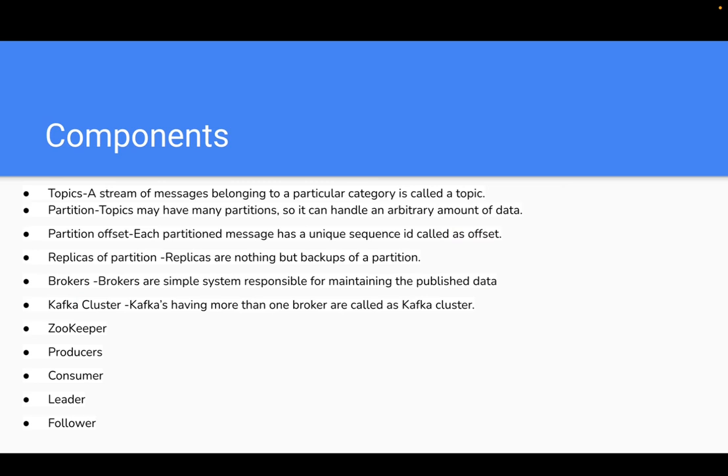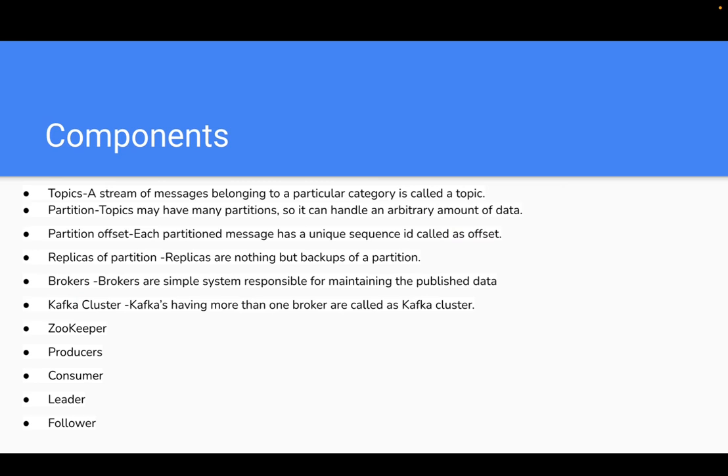It will also be read by the Kafka server, and the same partition offset will also be unique to the Kafka consumer. Replication factor is how many backups you want for each partition. If you give two, it means there will be one message and one replica created for the same partition.